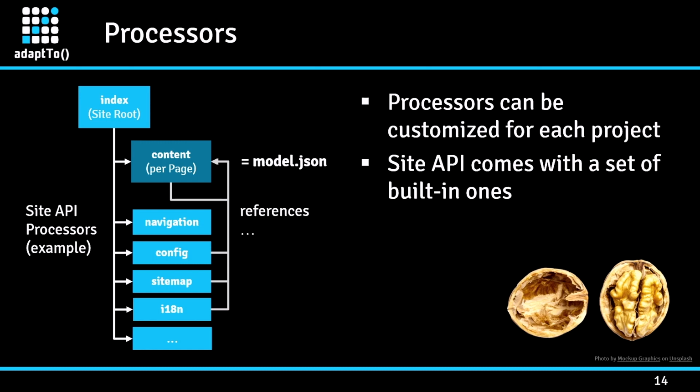Then we have additional processors. Some are pre-built ones which you can just use, and often you also implement custom ones. By implementing your own OSGi services, you can add any processor you want with dedicated logic which generates the JSON you want from any data in the repository or wherever you have it.